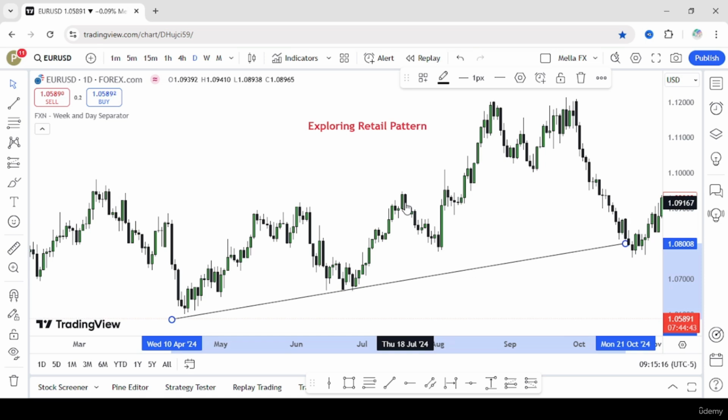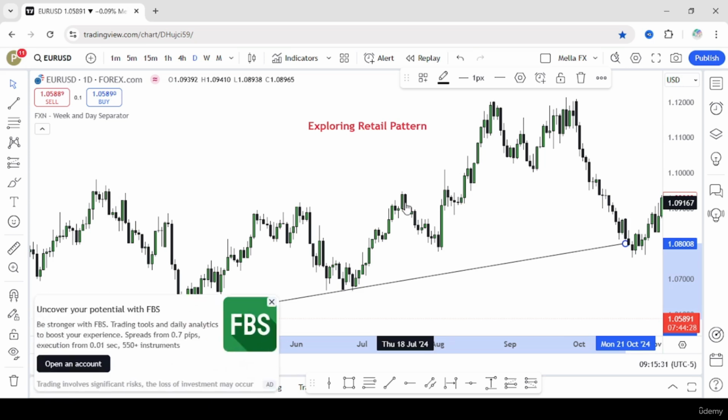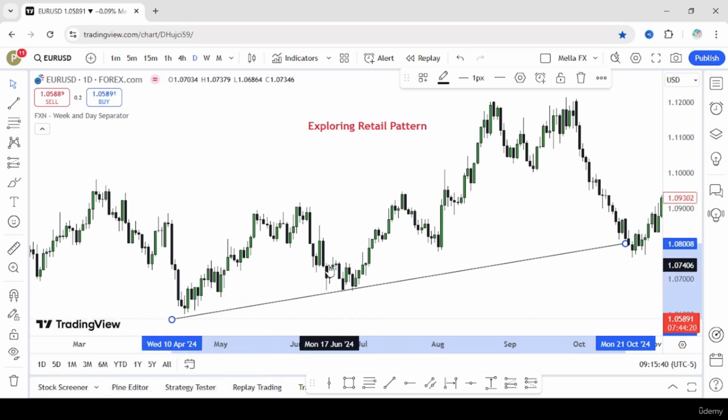Another thing, the retail traders would extend this line into the future to attribute support theories to it. And when price hit this extended line, connecting the higher lows, the retail trader would buy from there.